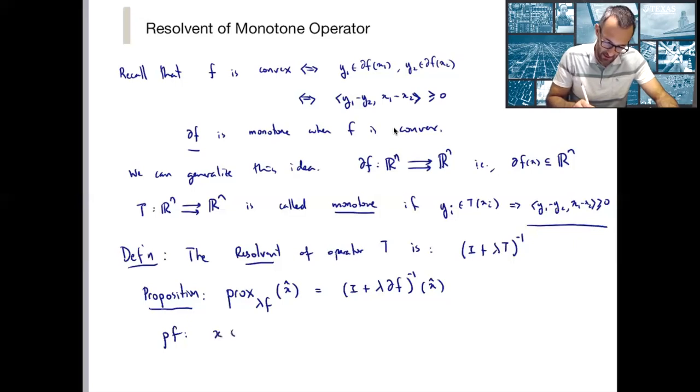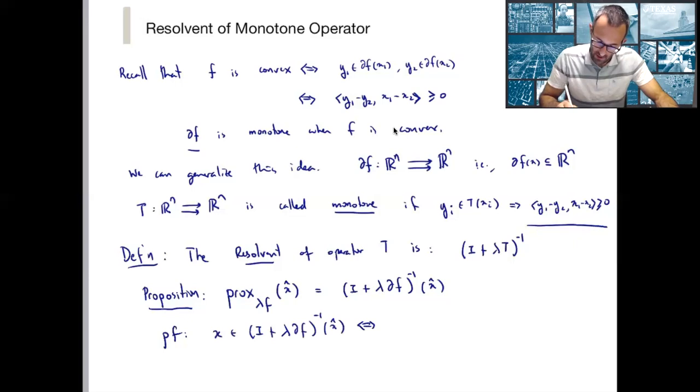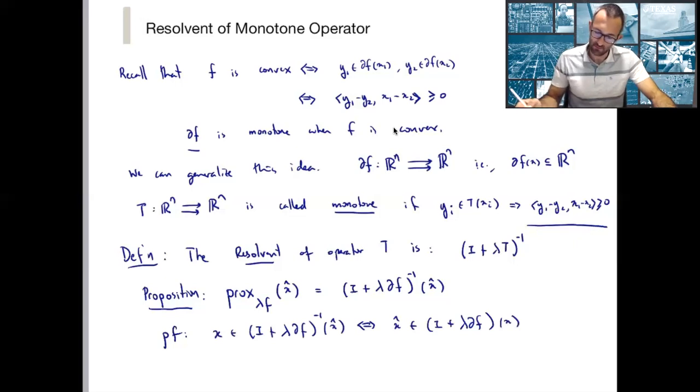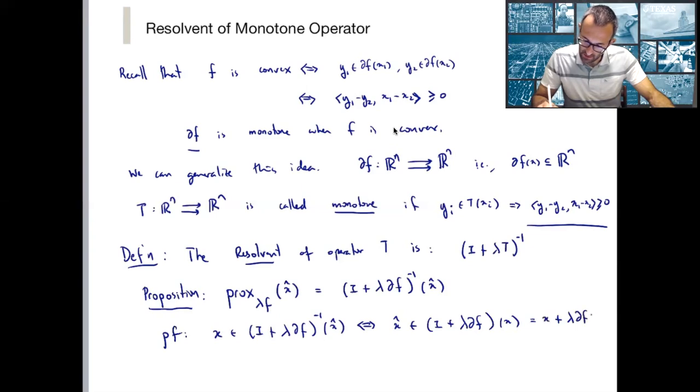If x is an element of (I plus lambda subdifferential of f) inverse at x hat, this is just equivalent to x hat being an element of (I plus lambda subdifferential of f) evaluated at x. And now you can see what this is just by distributing this operator. There's no inverse anymore. So this is just equal to x plus lambda times the subdifferential of f at x.